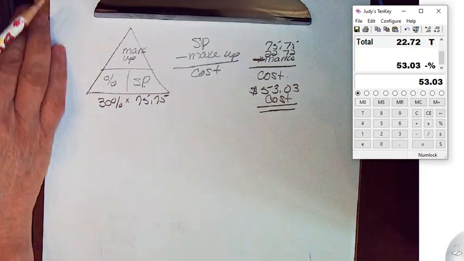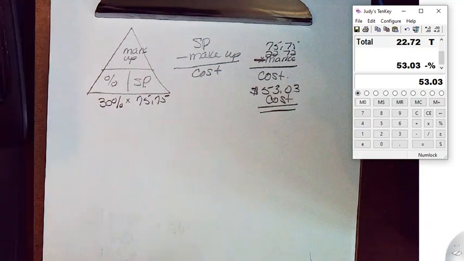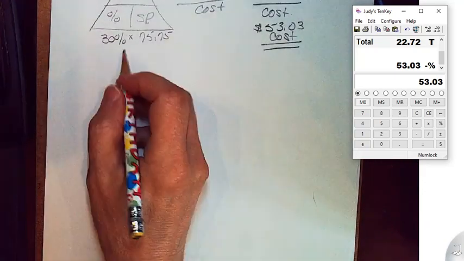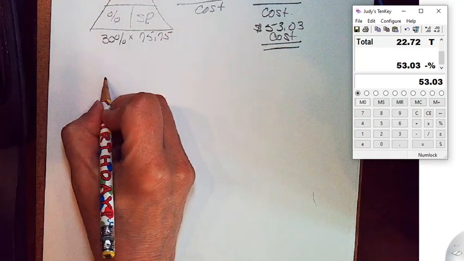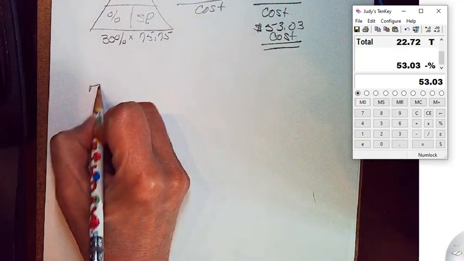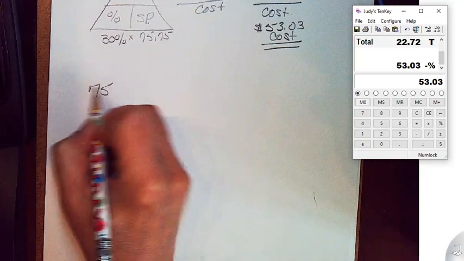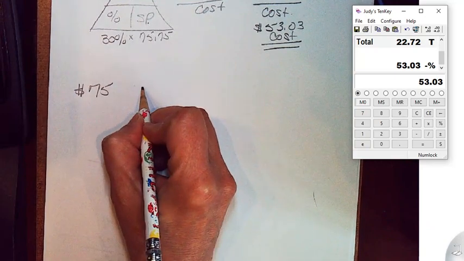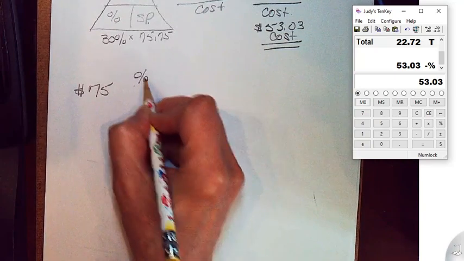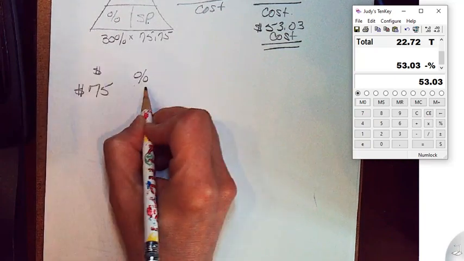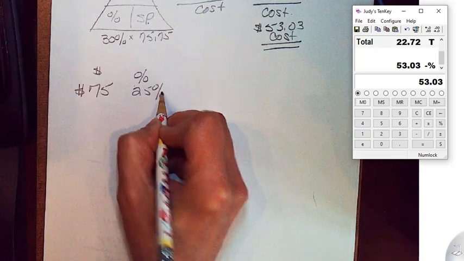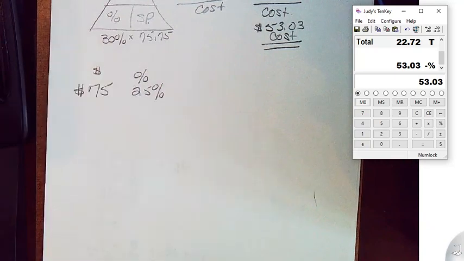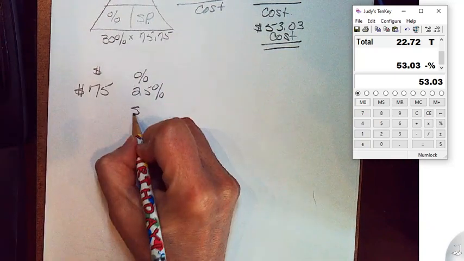Okay, part C on the same page. If an item costs $75 and there's a sale of 25% on sale, 25% off, I'm going to save 25%.